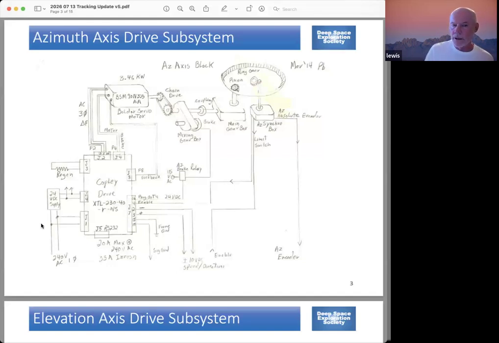That goes into the Copley, and it also goes to a 24 volt power supply, which is the power source for the digital logic and controller in the Copley. As far as I know, there's no switch other than the power breaker that can turn it on and off.